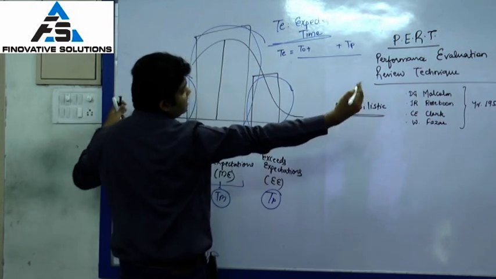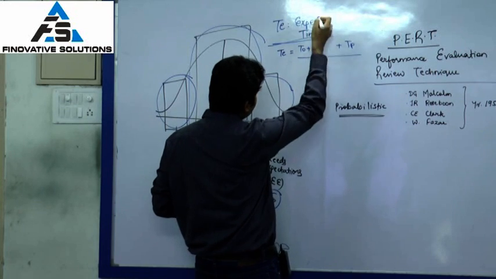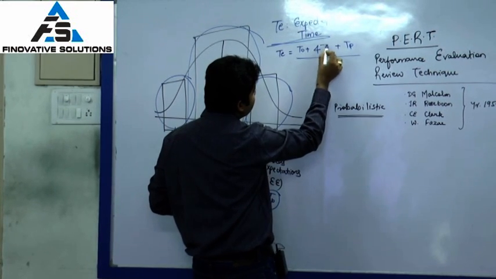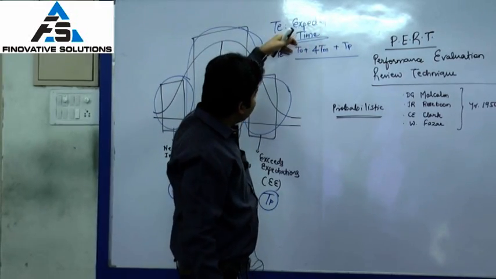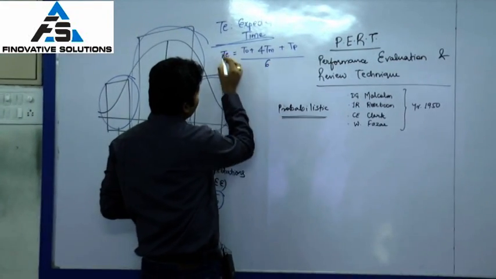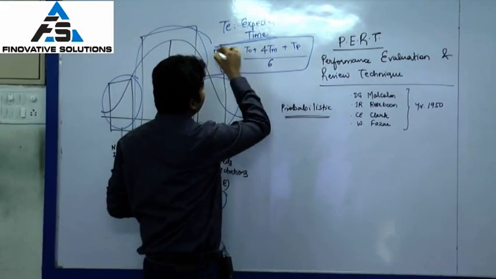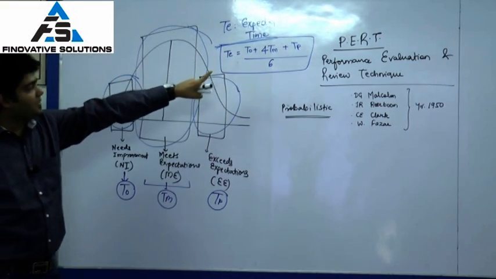So the most likely time has a higher chance of being called the expected time. So that probably has a 4 times chance than TO and TP, and this will then be converted into a weighted average, giving me the formula for TE, which is TO plus 4 TM plus TP upon 6.